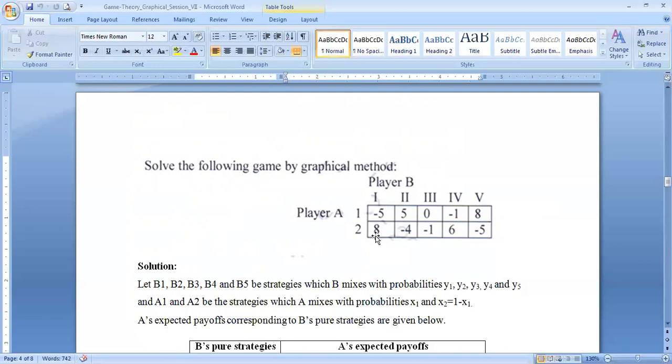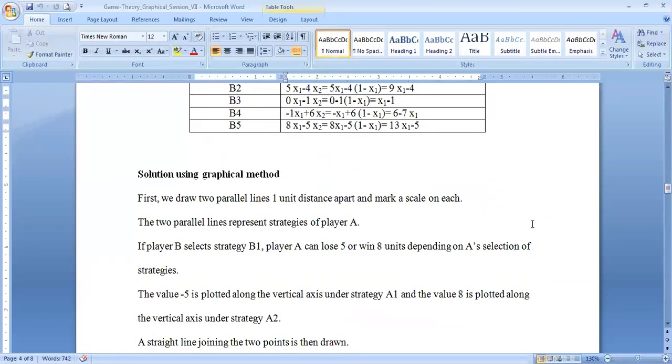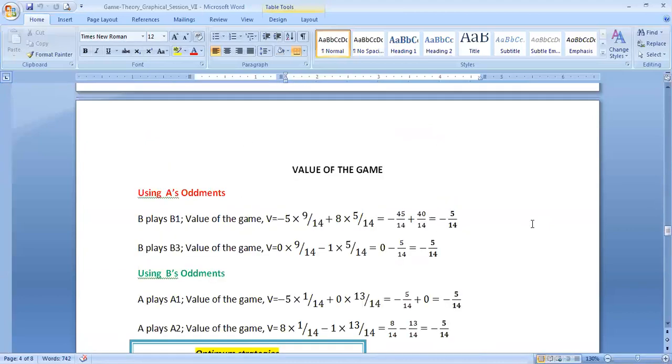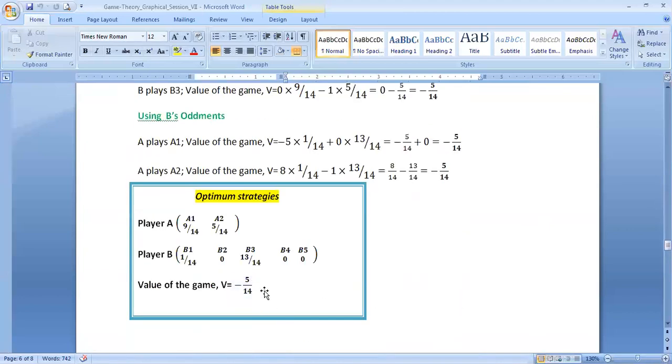The column maximums are 8, 5, 0, minus 6, and 8, among which the minimum is 0, so the minimax is 0. So the value we found, minus 5 upon 14, lies between 0 and minus 5.